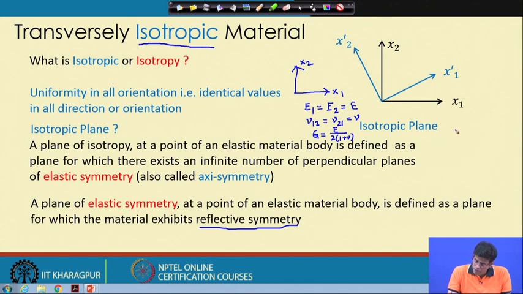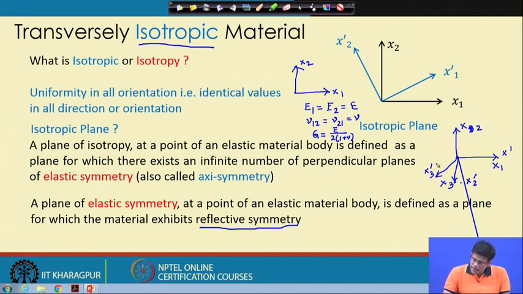If you remember our monoclinic material, where we had x1, x2 and x3, what we did basically, we essentially transformed x2 to minus x2, so x2 dash, with x1 and x3 dash.